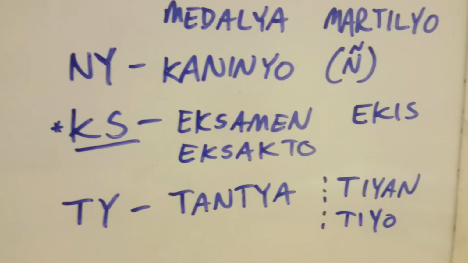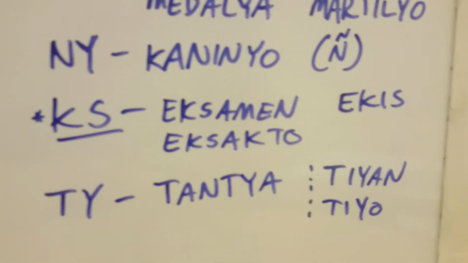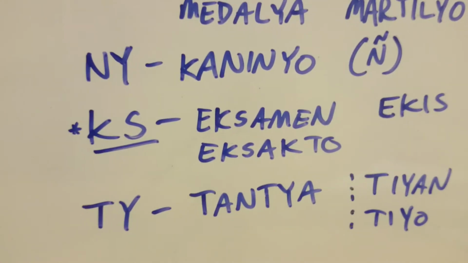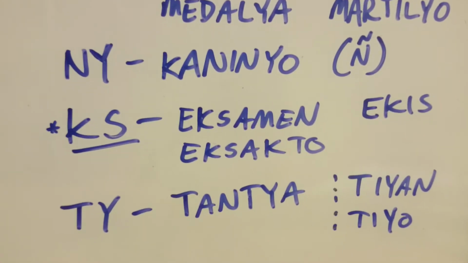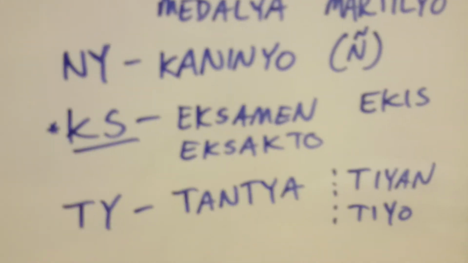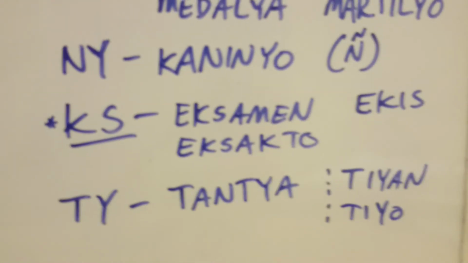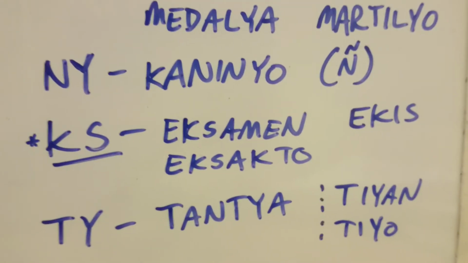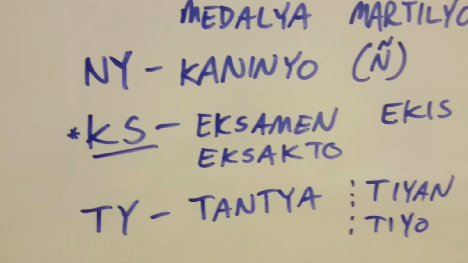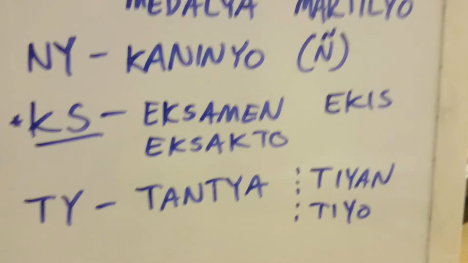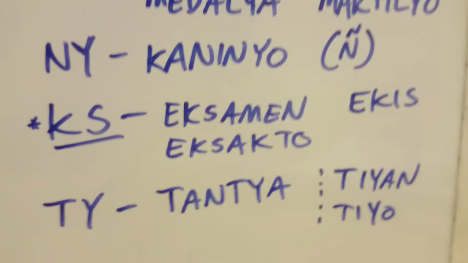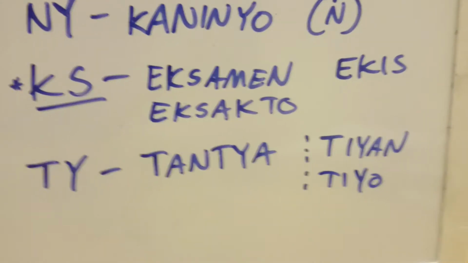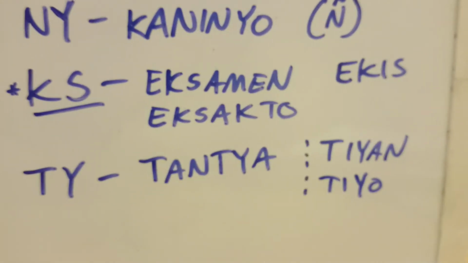The ks, the ka and sa together. Most of the time that you'll see these two, you'll almost always have an e before it. So examen meaning test or exam. X, as in the algebraic x, or find x when you're solving an algebraic problem. Exacto meaning correct or right.